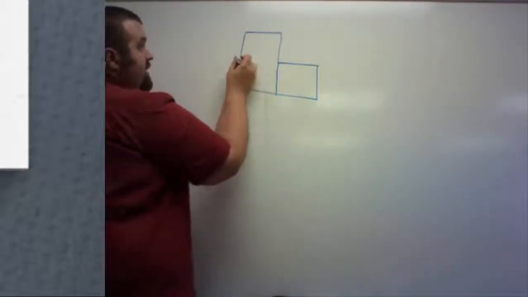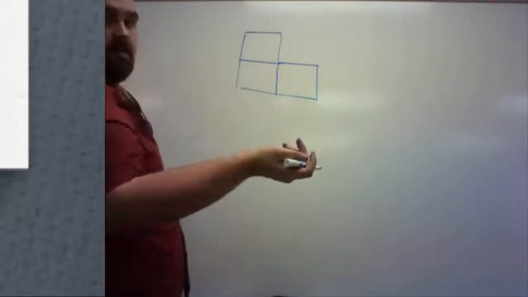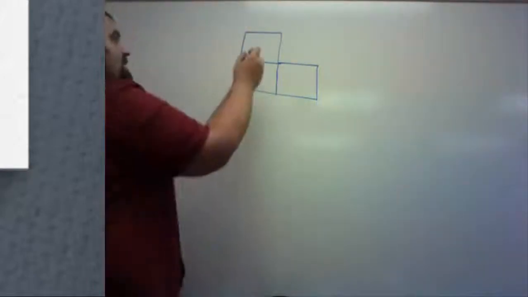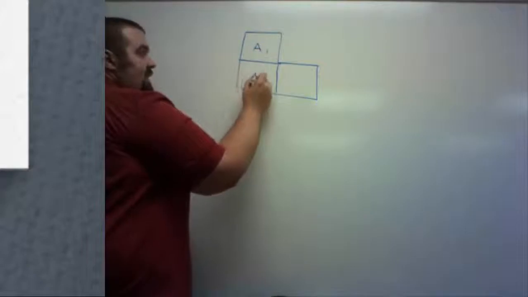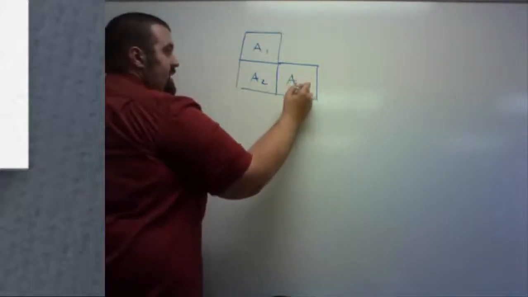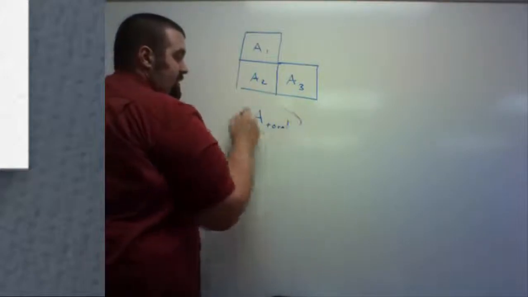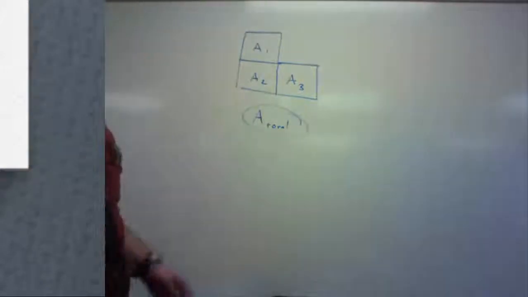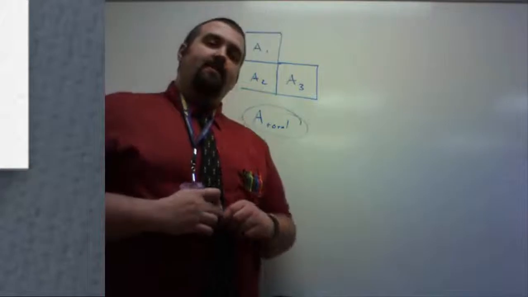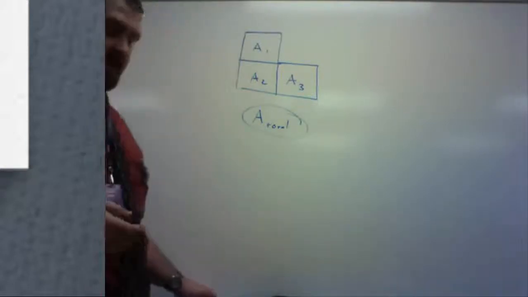Maybe I'm going to cut it into 3 squares. I don't know what I'm going to cut it into, but I could take the area of this part here, the area of this part here, and the area of this part here, and that will be the total area that I started with, if I add all 3 of those together. So, you can find the area by dividing the shape into parts and adding them together.